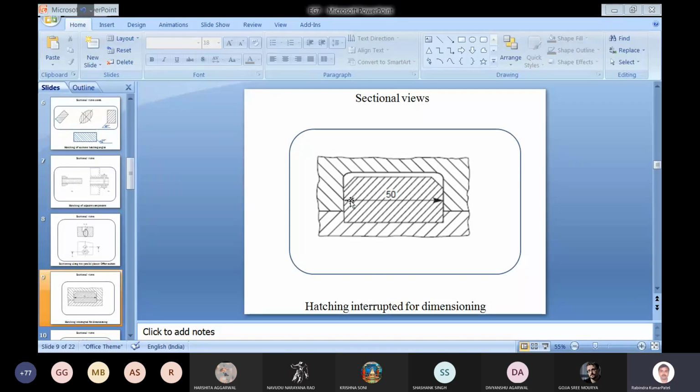Here we can show clearly that the hatching lines can be broken and the dimension line can be put there. And in other parts you can see the hatching lines are different in different parts. Although they have the same direction, the gap between two consecutive hatching lines is different in both cases.